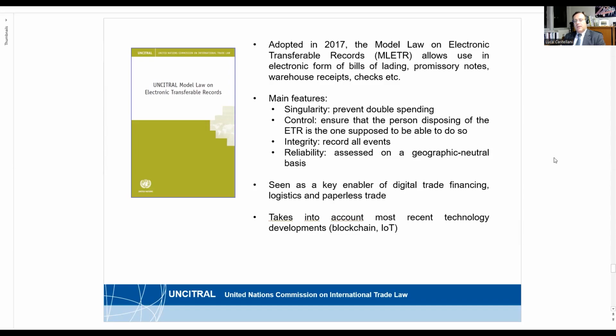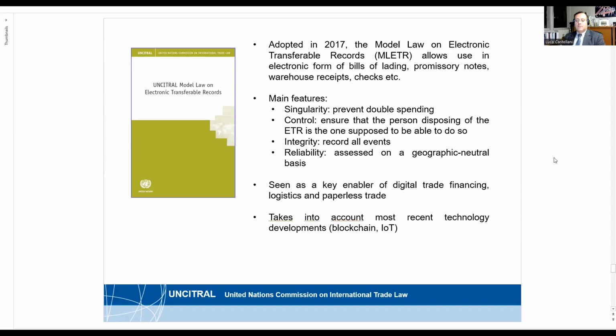So you have here bills of lading, promissory notes, warehouse receipts, checks. Here the challenge was to carve out functional equivalence requirements for the physical possession of the paper-based document, which has been done with notions such as singularity and control.